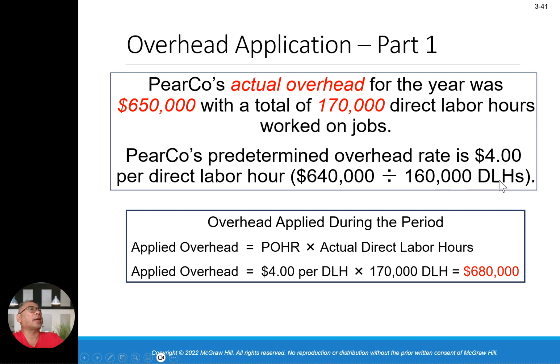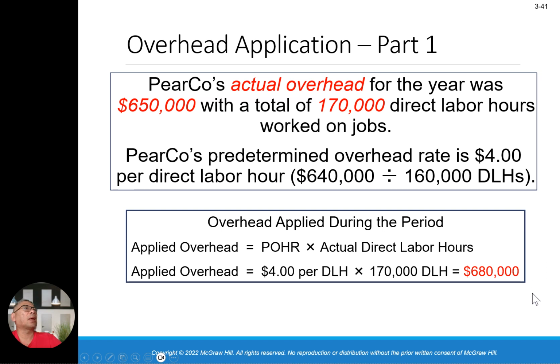So you got the direct labor hour rate. Okay. So how are you going to apply this? Applied overhead during the period equals the rate times actual direct labor hours. So you got the $4, okay, times 170. So you got 680 there.